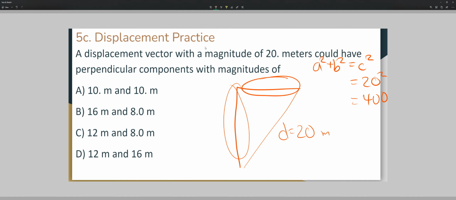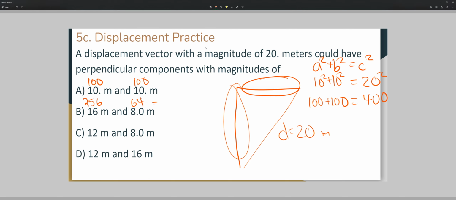So you're essentially saying, which one of these answer choices can possibly give me 400? If you do 10 squared plus 10 squared, you're not going to get 400. 16 squared is 256. 8 squared is 64.